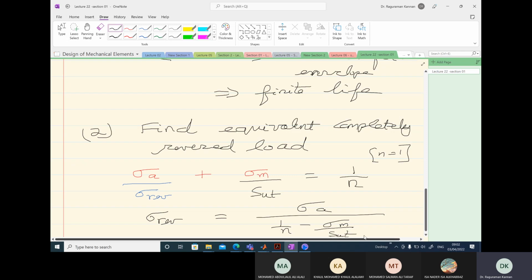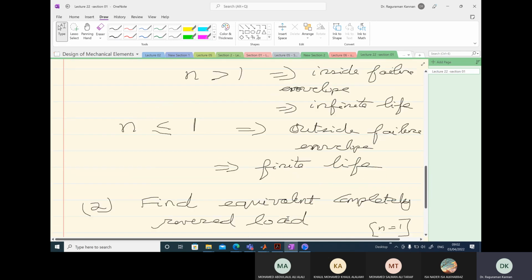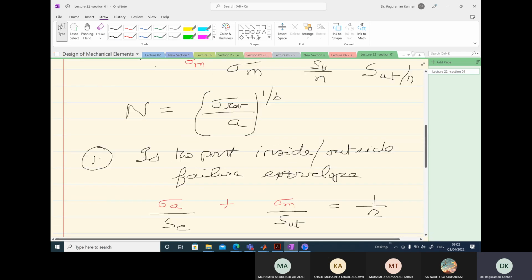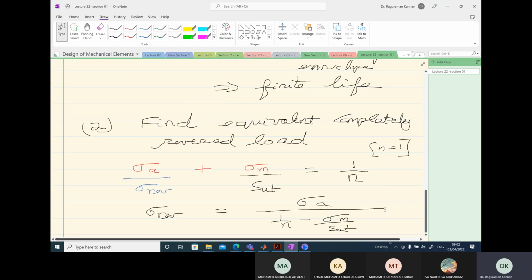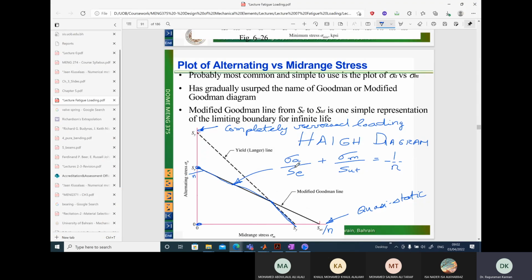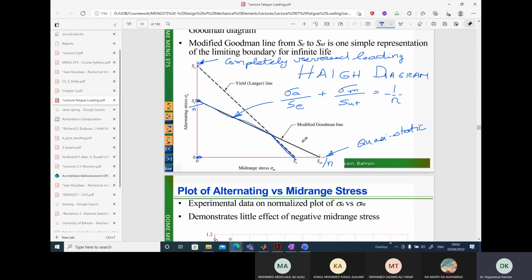So that's it. Just find the sigma reversible value by this equation for the Goodman equation and substitute back here, find A and B, and you will be able to figure out the number of cycles to failure. Next class we will apply this idea to one of the problems and try to solve it.